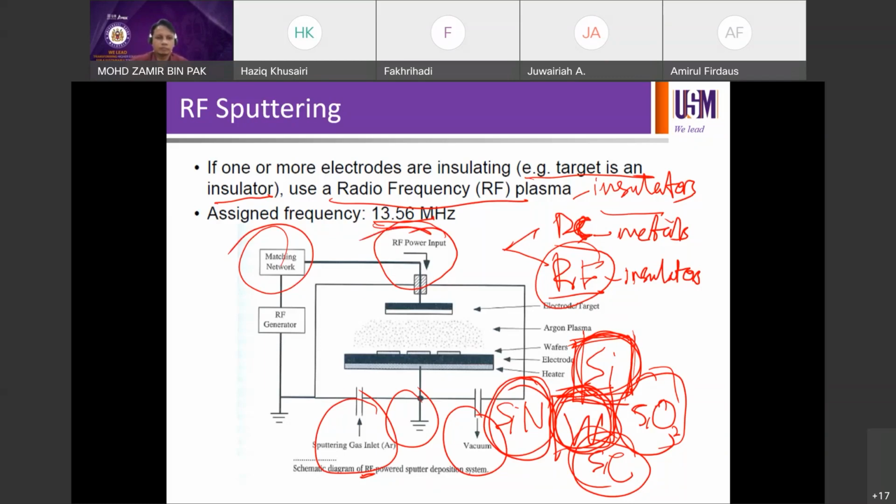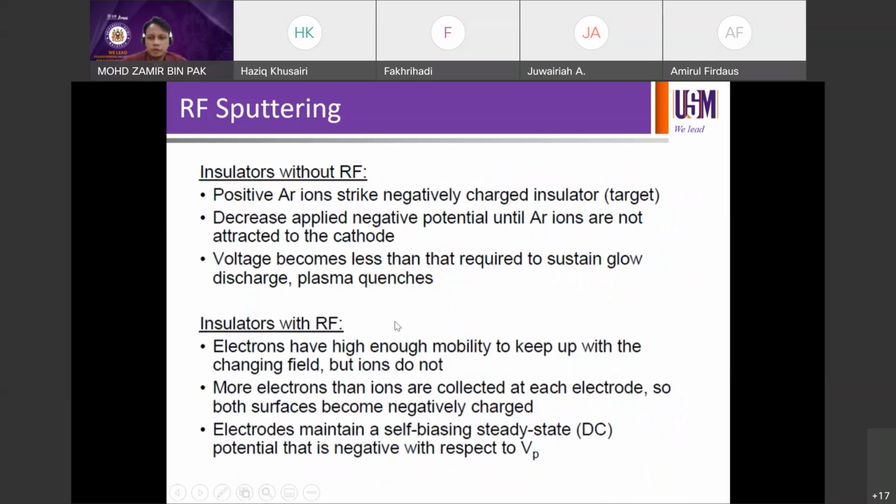So insulators without RF, if you run insulators without RF, what's going to happen? So let's compare these two conditions. If you have insulators as your target materials, as your sputter target, but you don't use RF, so positive Ar+ ions strike the negatively charged insulator or target.